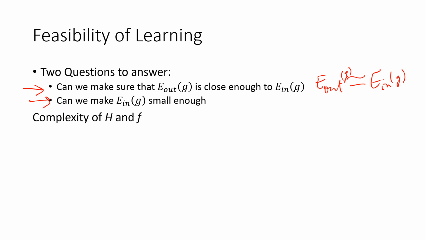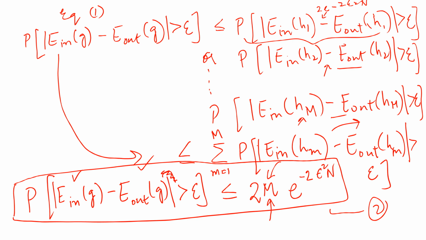Now, if you remember from the previous video, we derived Hoeffding's inequality for the learning problem, and that Hoeffding's inequality addresses the first question only. There is this bound, and there are multiple variables in that bound, but depending on the values of the variables in the bound, we can ensure that E in comes close enough to E out.